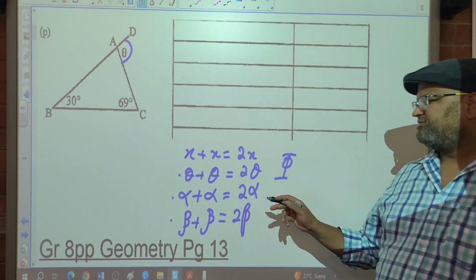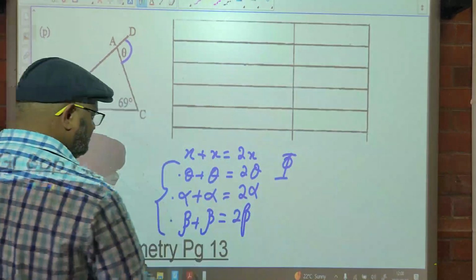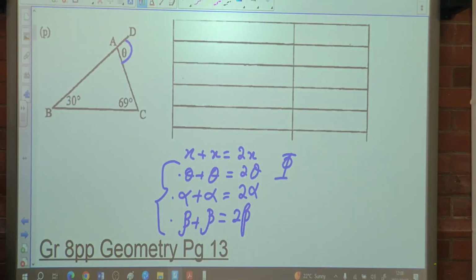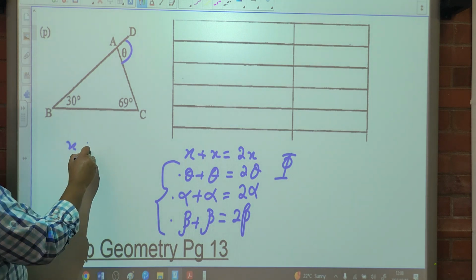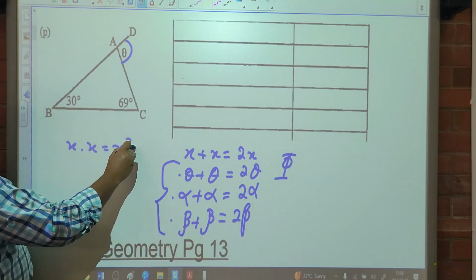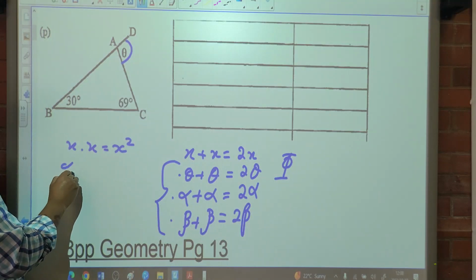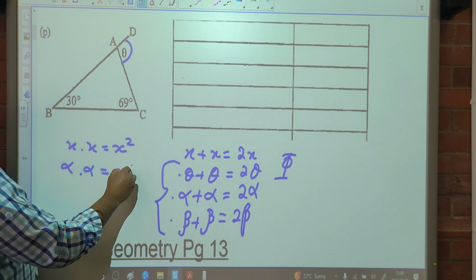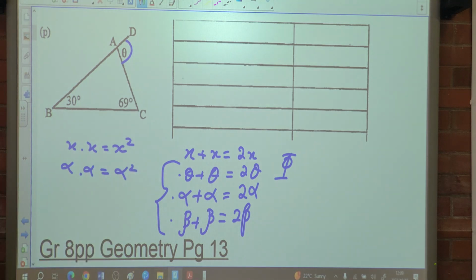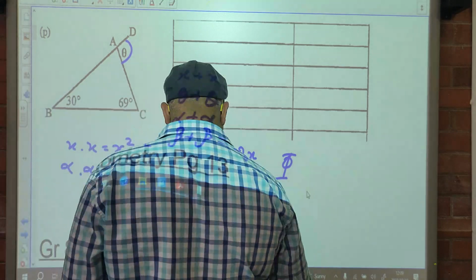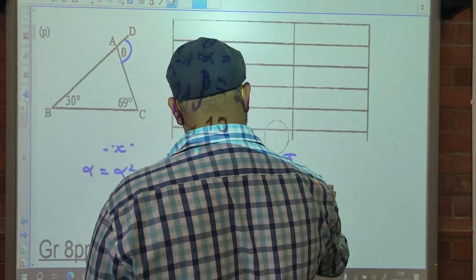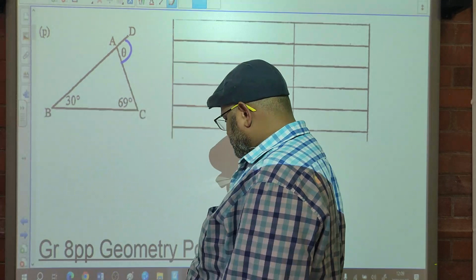But if you find it in algebra, you calculate it as normal. As x times x is x squared, so alpha times alpha is alpha squared. It's just another variable to us.